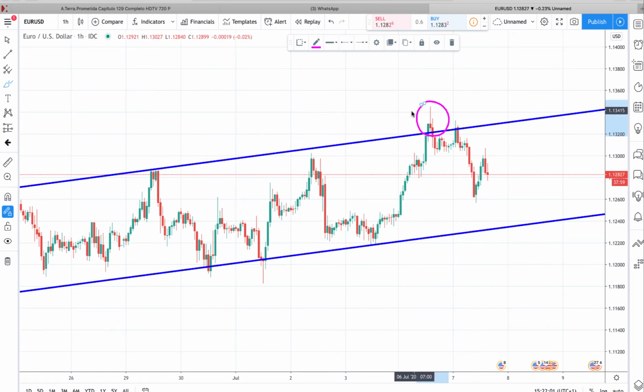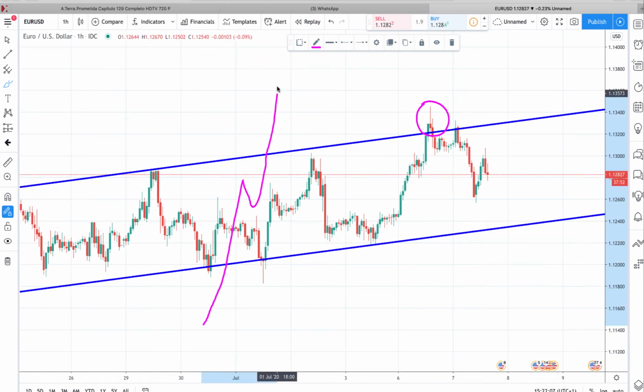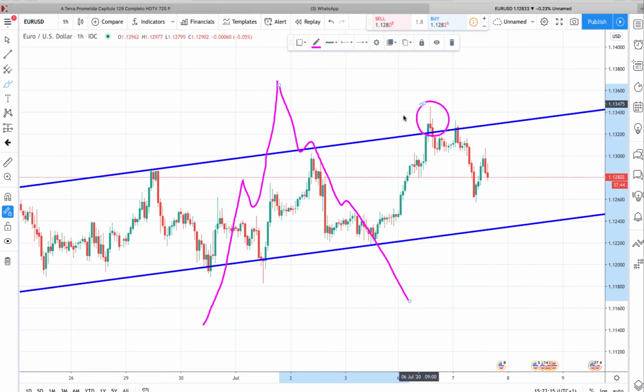Which candle is this? Which candle normally shows this rejection on the top like that? This is a shooting star, right? So what does a shooting star tell you? The price is too high. It's overbought, so we need to readjust this price.